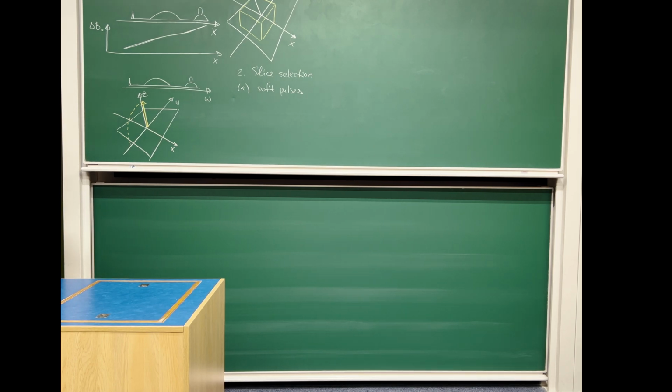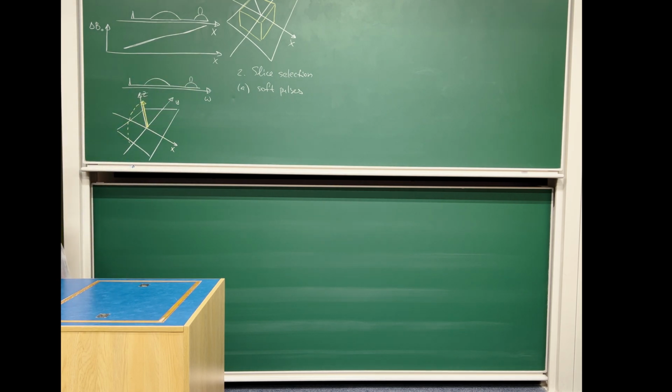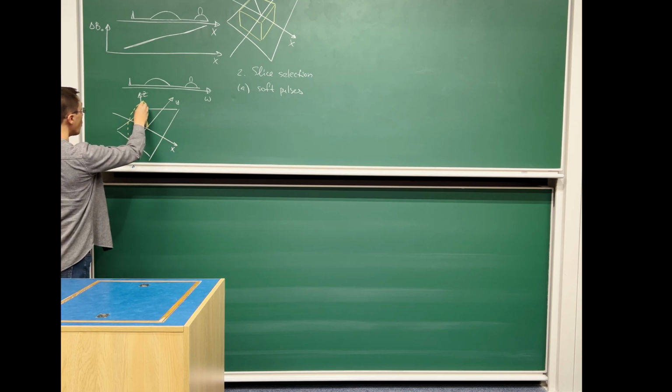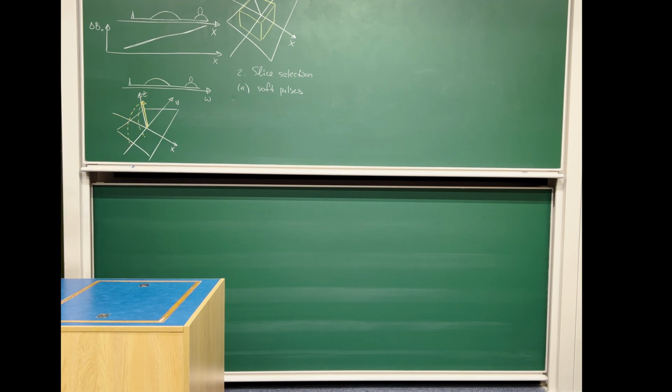Consider, however, a situation like this, when we have a gradient, when different spins would have necessarily different frequencies. And so, as they are turning by the pulse, they will also be precessing around the z-axis. And so the trajectories here will not only turn, but they will also precess.